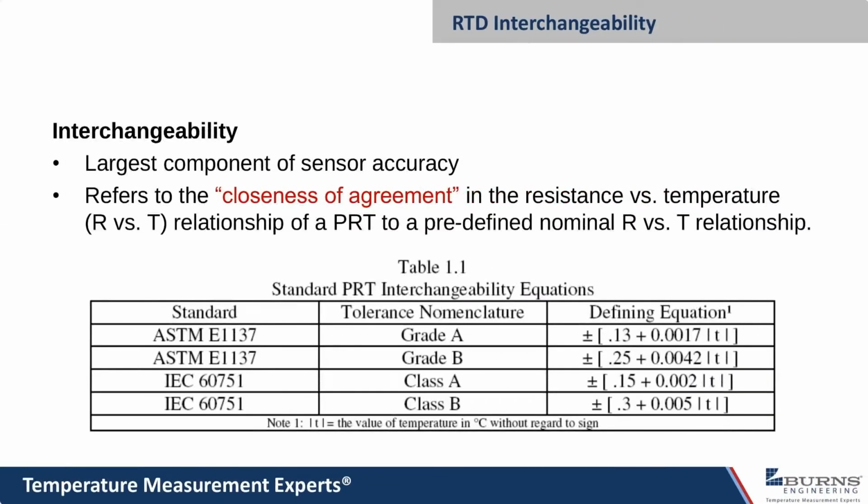And there are equations and tables that you can look at to see what these numbers are. So if you are looking at this IEC Class A sensor, for example, you can take any temperature in degrees C, that's what the little t here is, multiply it by 0.002, add 0.15, and that'll give you that interchangeability tolerance at that temperature.